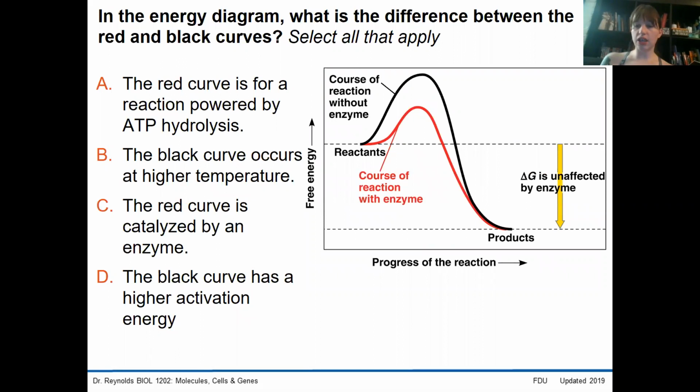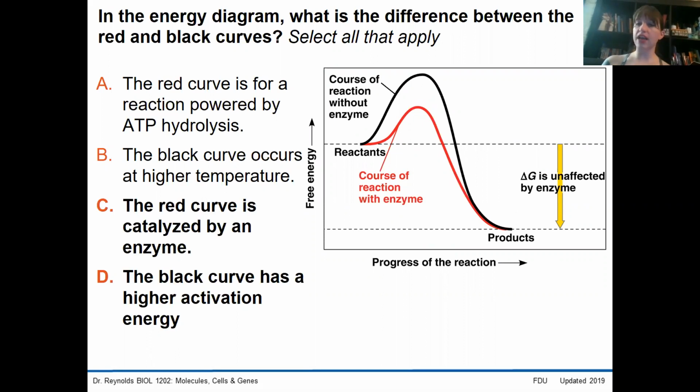So take a look here at my reaction curve. Select all of these which apply to the difference between these two curves. Well, you've already looked at how ATP is going to influence a reaction curve. It adds energy to reactants, but in this curve, there's no change in the energy of these reactants. The black curve may occur at higher temperatures. It may not. We don't really know.